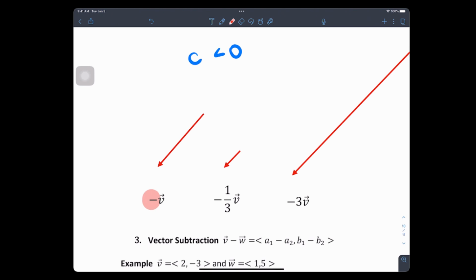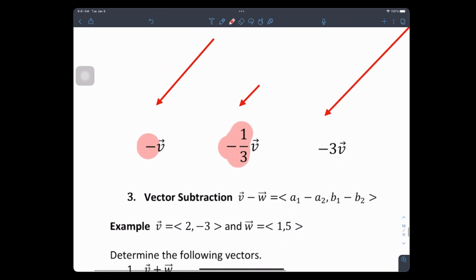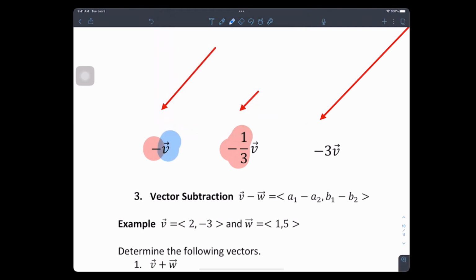So the negative number switches direction. And if you said, well, what if it's a negative 1/3? Well, it just switches the direction and it actually shrinks the vector V. So just the negative number switches direction. Negative 1/3 of that, it just switches direction and it's actually 1/3 of the length.